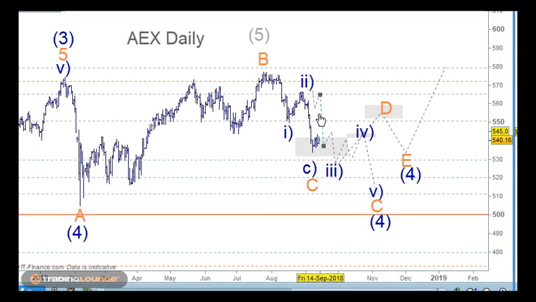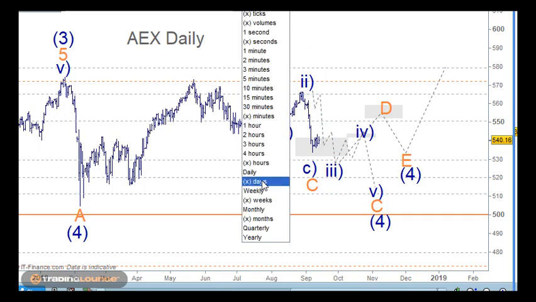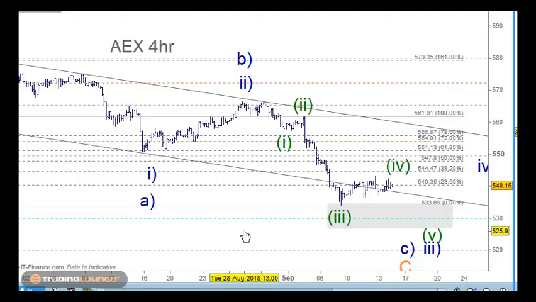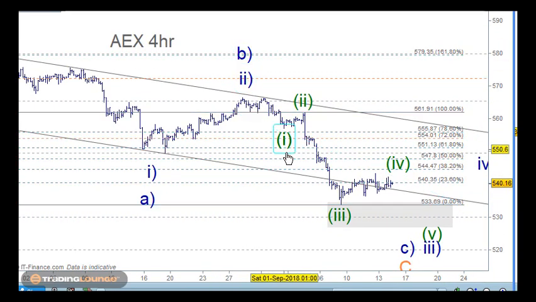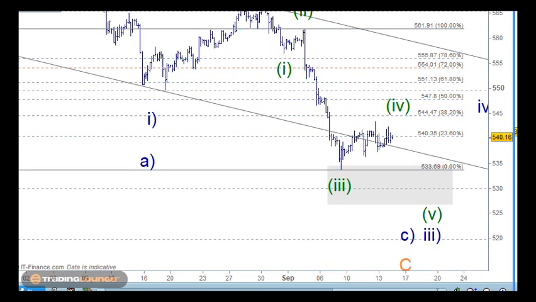But for the meantime here, we're just looking from this high here being either wave B or wave 2 here. So we're looking at this move coming down through here. So on the 4-hour chart, yeah, so wave 2 or wave B here. So wave 1 and 2 here, and wave 3 here, and the wave 4 here, it may be in place here.